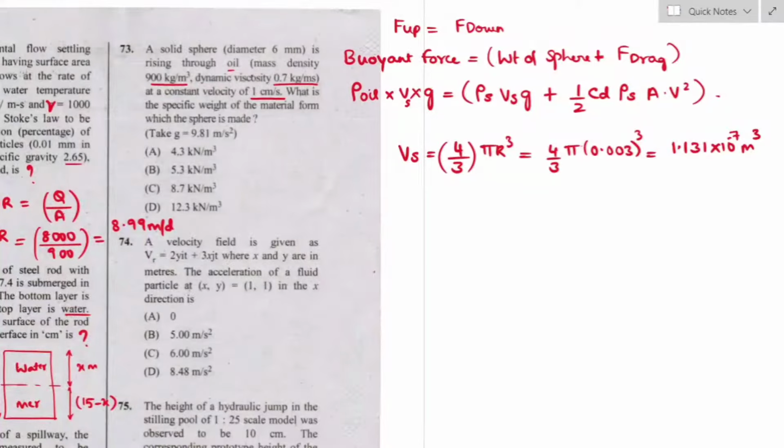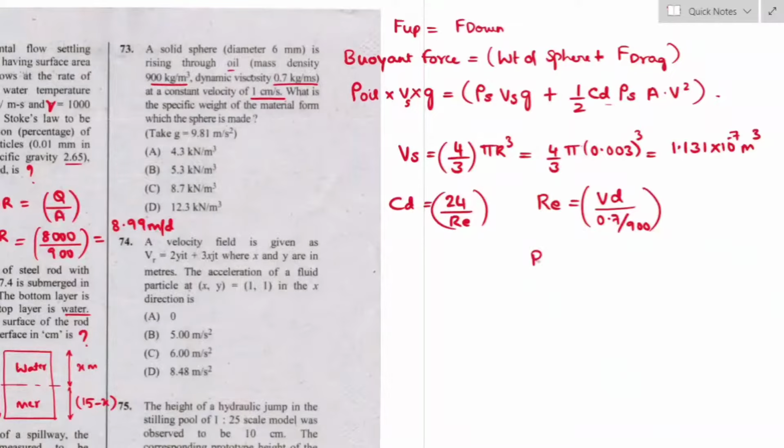Now we have to find the coefficient of drag. CD is equal to 24 by Reynolds number, where Reynolds number is given by constant velocity v into diameter of the solid sphere divided by dynamic viscosity by mass density. Dynamic viscosity is 0.7, mass density is 900 kg per meter cube.